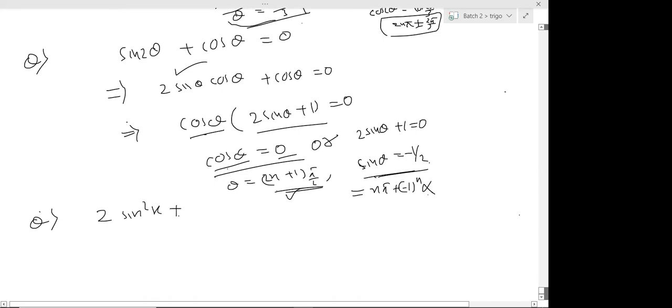2 sin²x plus sin²2x is equal to 2. All right, try to solve this one.